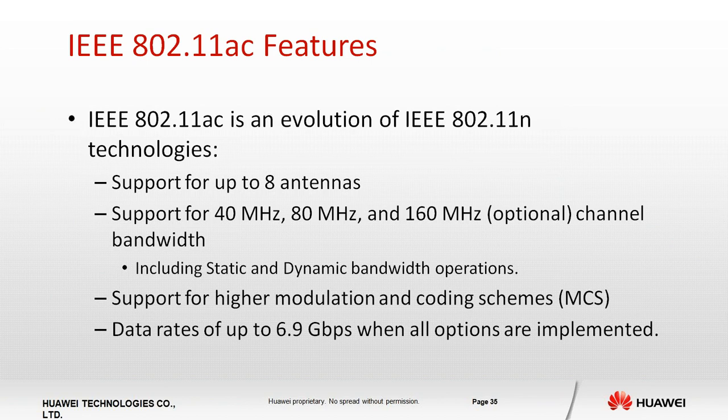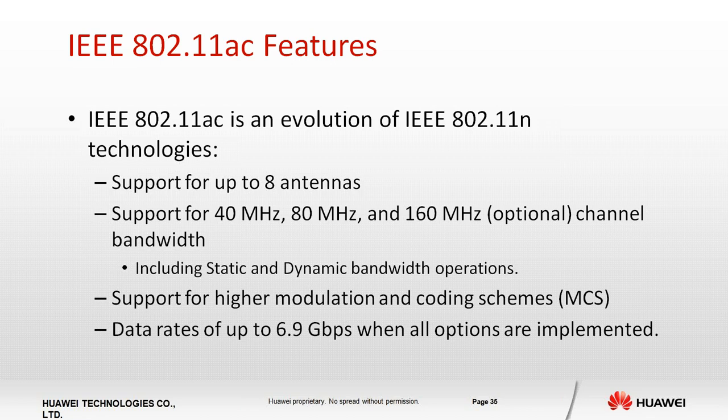It also supports wider bandwidth. 40 megahertz was supported by 11N. In addition to that, 40 megahertz and 80 megahertz are supported in 11AC as mandatory features, and 160 megahertz is supported as an optional feature.